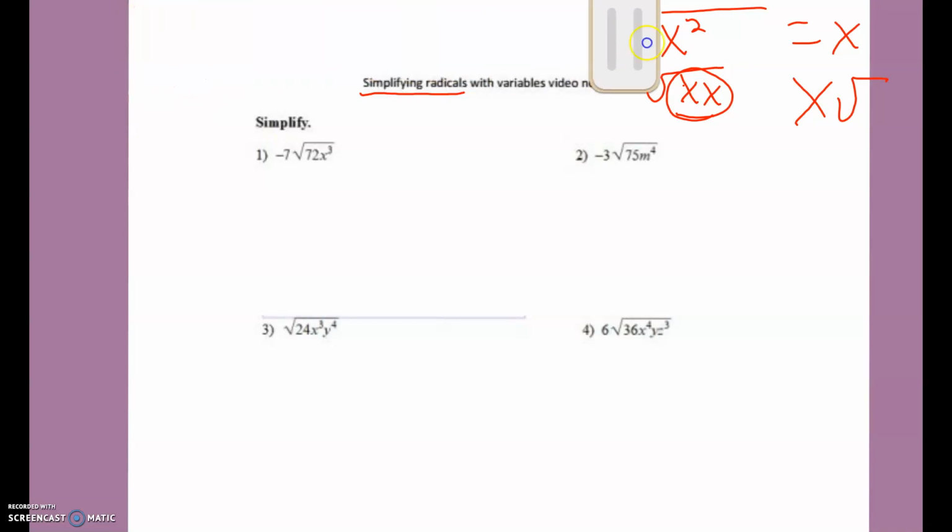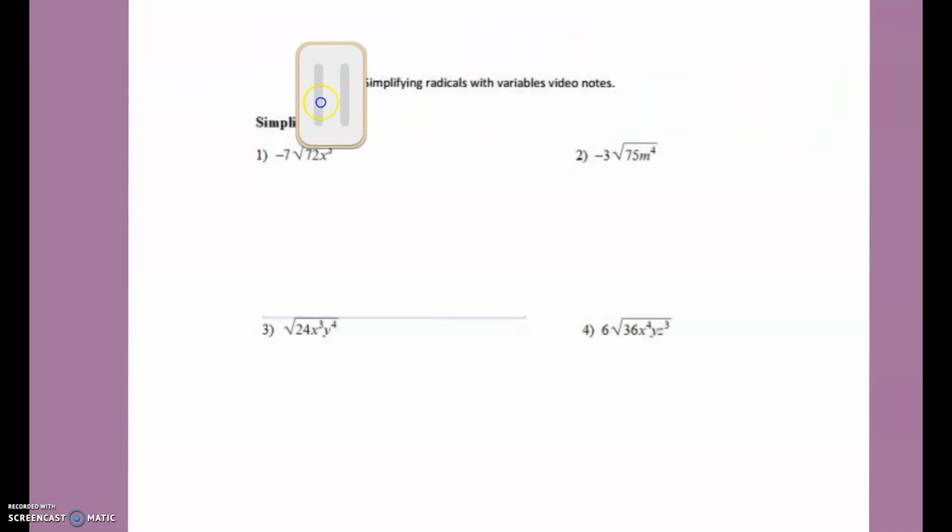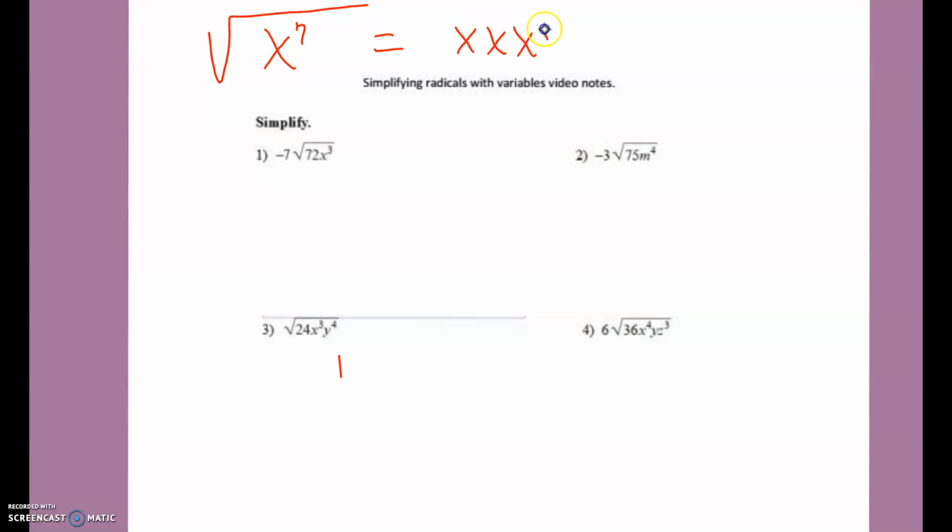Now, one other thing. What if there was an odd amount of variables? All right. So let's say there were 7 x's under there. So if I wrote it the long way, 1, 2, 3, 4, 5, 6, 7 x's, right?